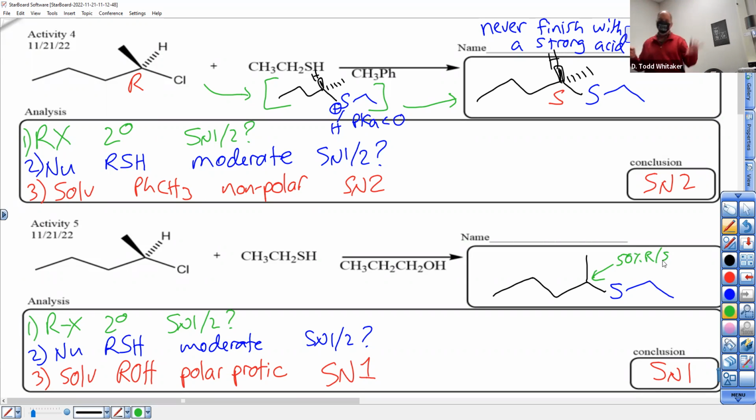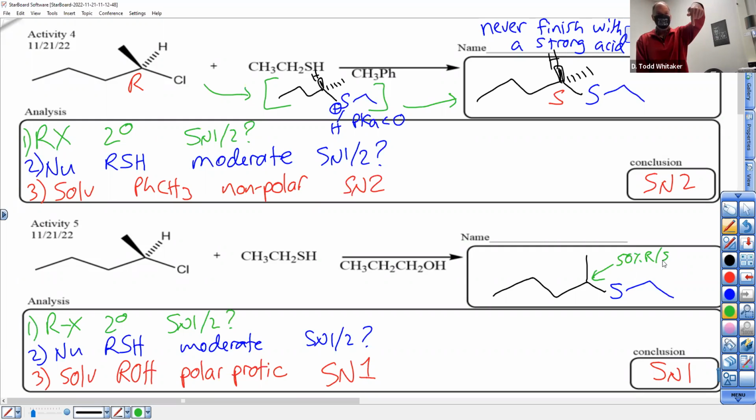The only reason I don't want to write the word racemic here is if there's another stereocenter in my molecule and it didn't change during this reaction, then you would have two products and say the original stereocenter that didn't change was S. So you'd have two products, S and the new stereocenter also S, or S and the new stereocenter R, and they are not enantiomers. They're diastereomers. So I don't want you memorizing when do I use the word racemic and when do I use the word diastereomers.